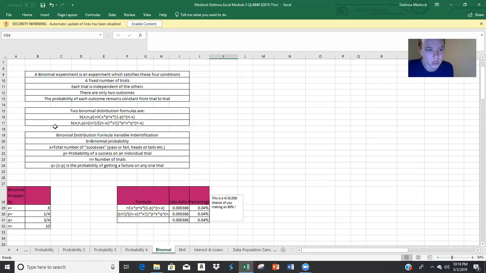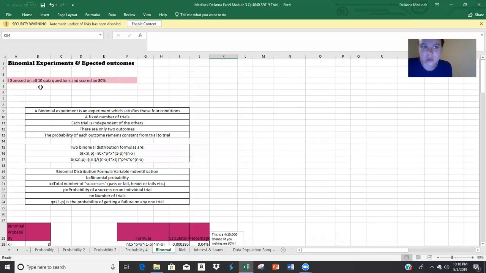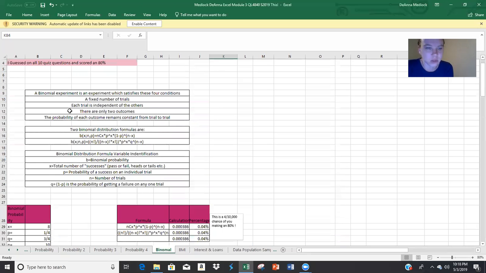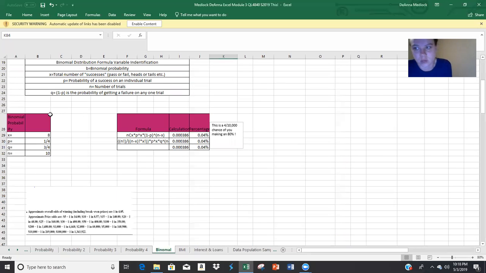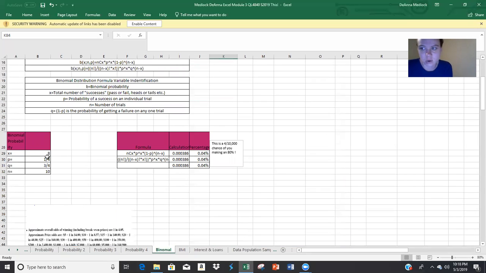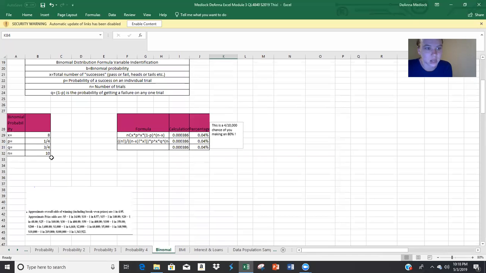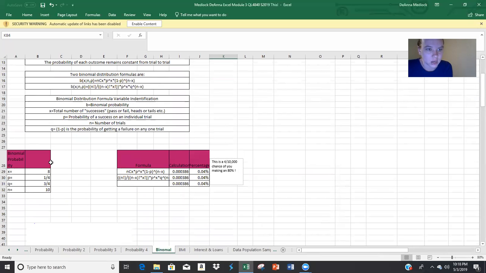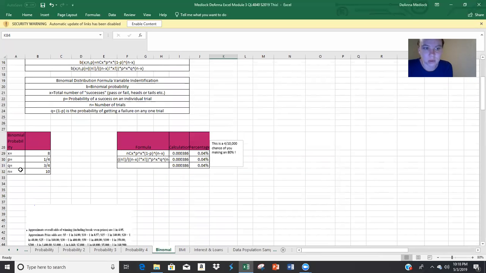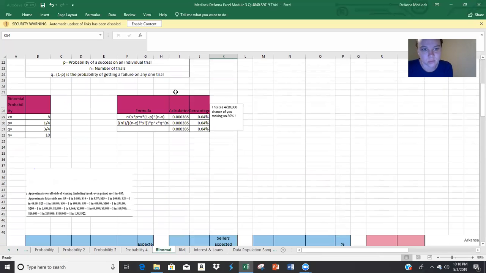So we were looking at if you took a quiz with 10 questions and you scored an 80%, what would be your probability of scoring an 80%? You would have to get 8 questions right out of 10, your probability of success is 1 out of 4, and your probability of getting a failure on any one trial is 3 out of 4.